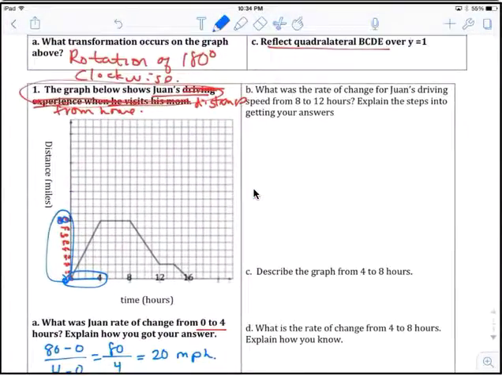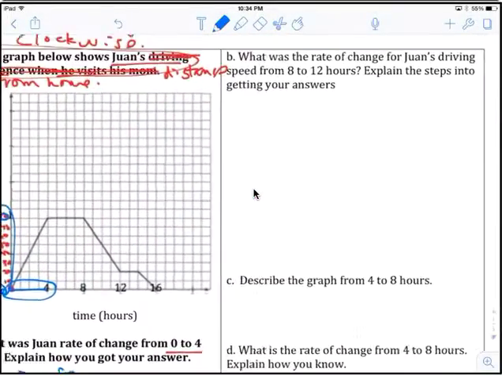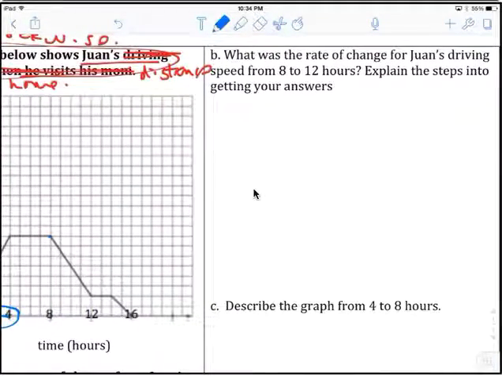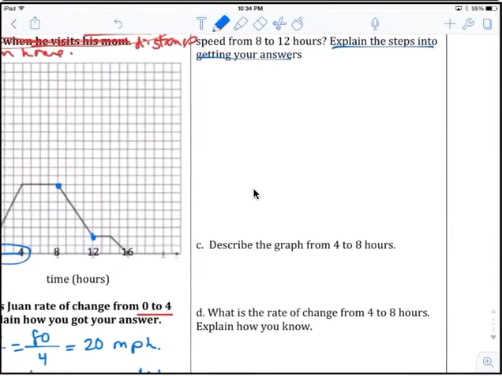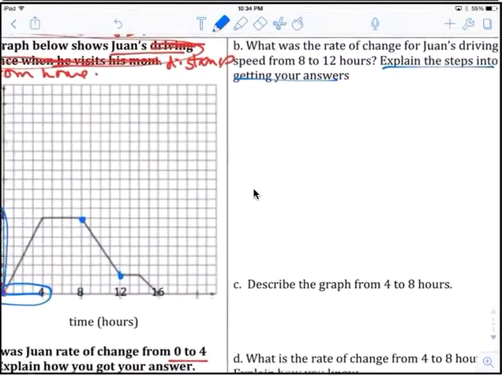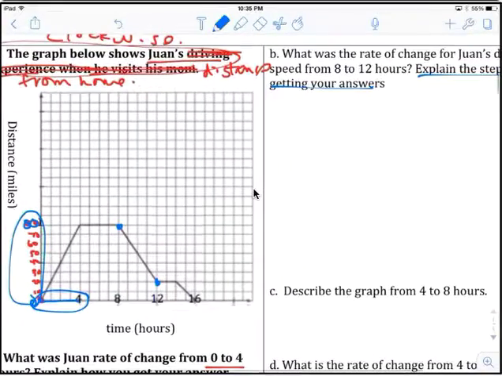Okay. What was the rate of change from 8 to 12 hours? Explain the steps in getting your answer. Same thing, the change in distance over the change in time. Divide by the change in time. Okay, at 8 hours, he's at 80. At 12 hours, he was at 20. And the change in time is 8 to 12.